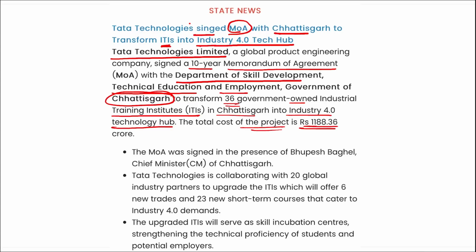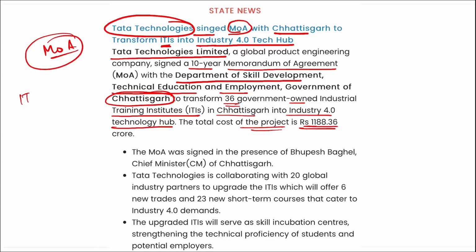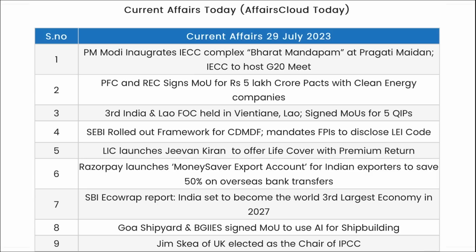This collaboration will upskill the youth of Chhattisgarh to gain employability, and on the basis of those skills they can apply for various jobs. So coming back, Tata Technologies signed this memorandum of agreement with the Chhattisgarh government to transform their ITIs into Industry 4.0 tech hubs, to upgrade them and provide the industry-required skills nowadays. Correct? So these were your important current affairs, friends.